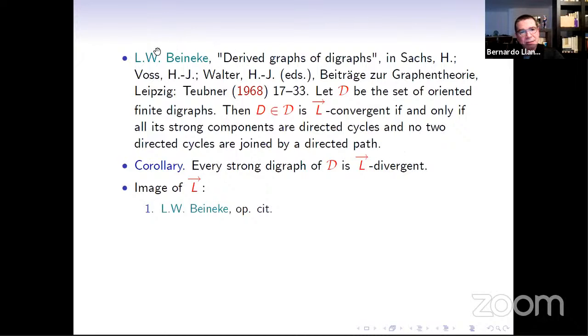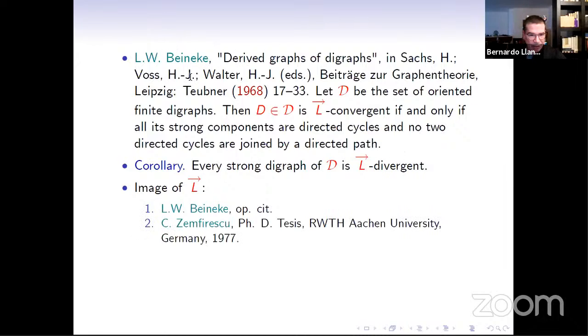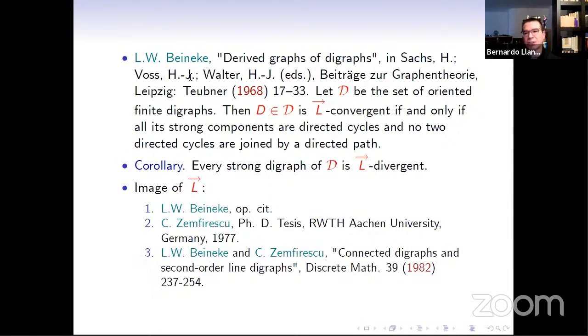It began with Beineke, and after that Heuchenne, Aigner and Prisner, Sainte-Laguë in his PhD thesis continued, and they published together a very nice paper in Discrete Mathematics in 1982 called Connected Digraphs and Second-Order Line Digraphs. These things are really finished.